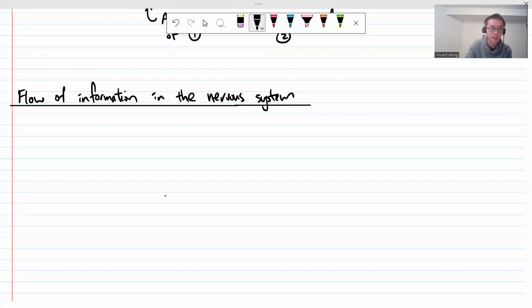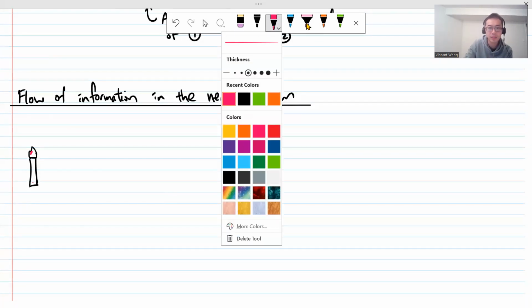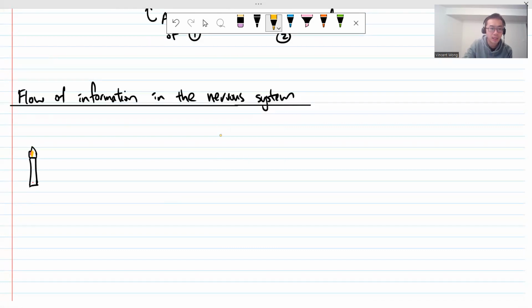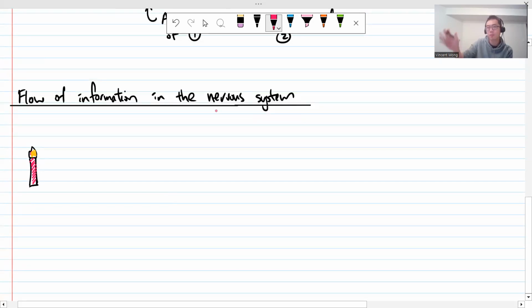An example of a reflex that we all probably have experienced is, let's say there's a candle here, and you accidentally touch it without realizing it. It's probably more common with a hot surface.